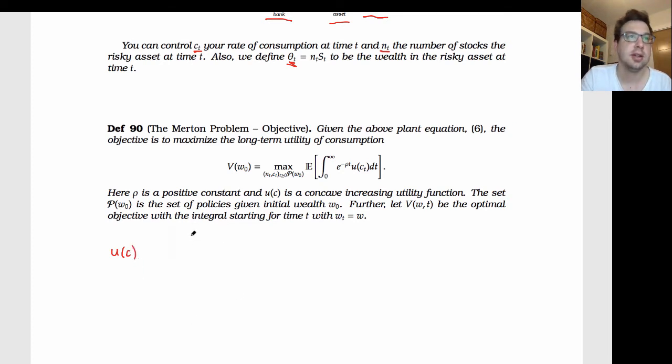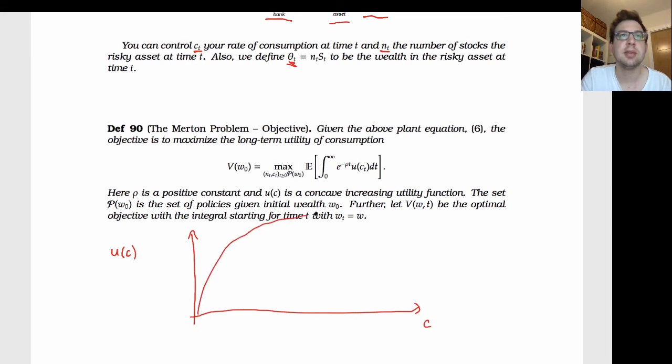We imagine it like this, that if I plotted the utility that I get from a capital C, then it should look a bit like this, perhaps.